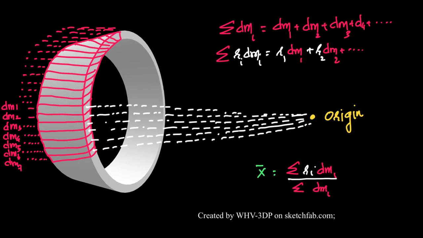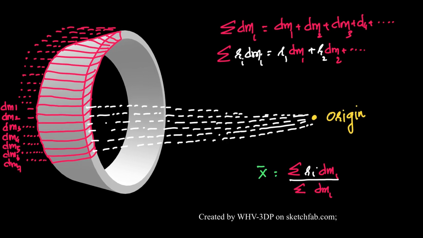Just to make sure that you are able to visualize the concept well. So when we have a ring here, while we consider dm1 alone, the distance now becomes the distance about the origin, which is r1.